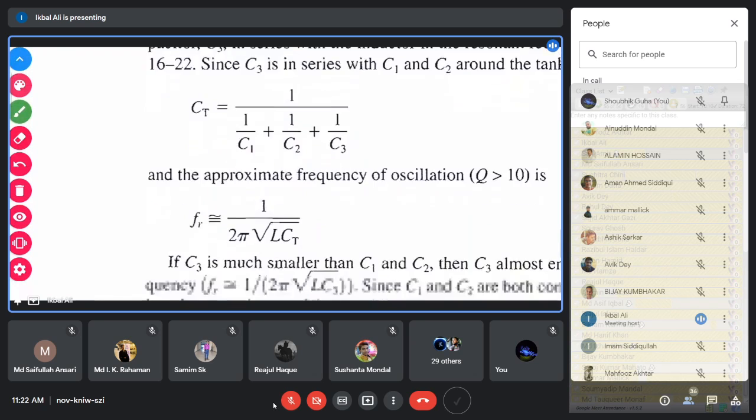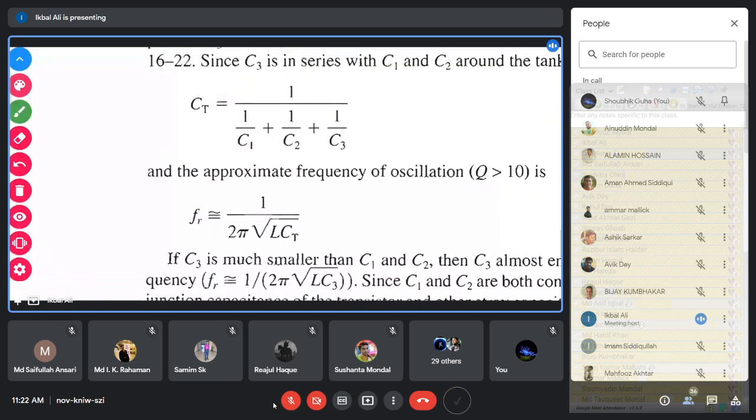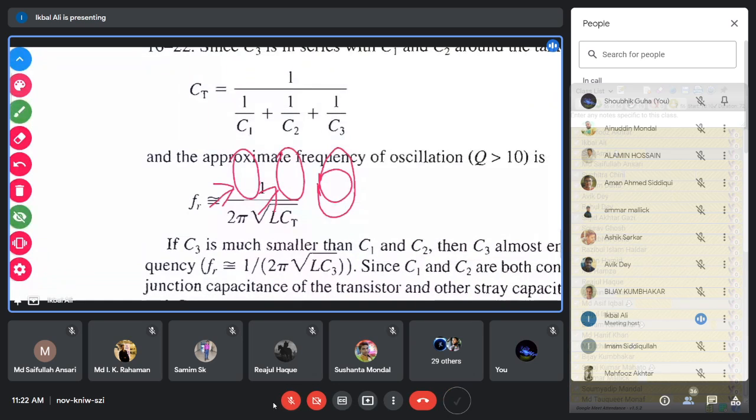So in that condition, if you make C3 very, very small compared to C1 and C2, those two terms cancel out. You can neglect them with respect to the 1 by C3 term. So your equivalent capacitance will be just C3.